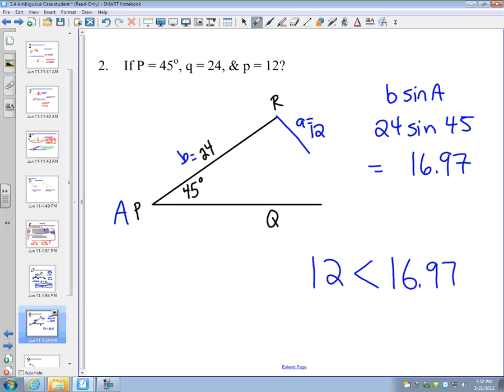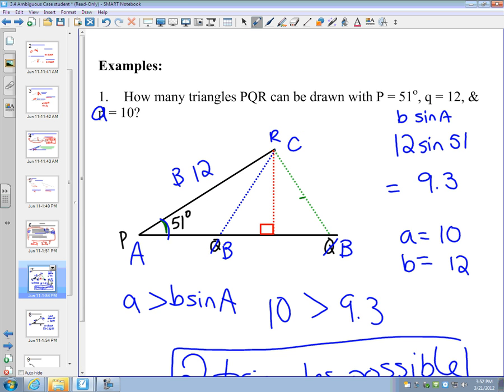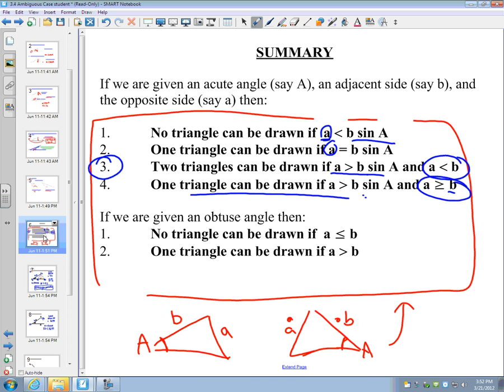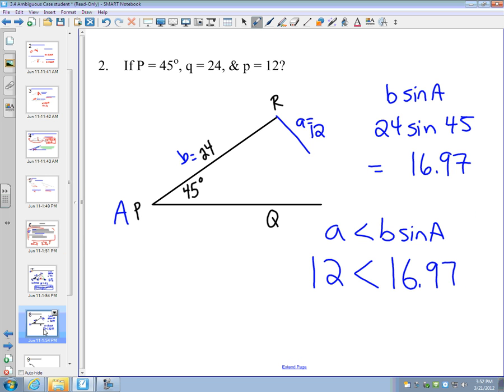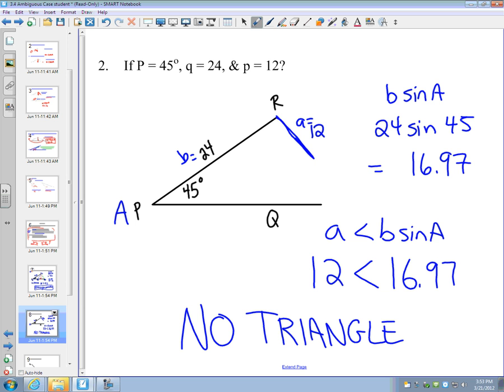Because A is less than B sine A, we are looking at no triangle. In other words, this side is not long enough to ever hit. No triangle. There will be times when I ask you to solve a triangle, and your answer is, this triangle does not exist.